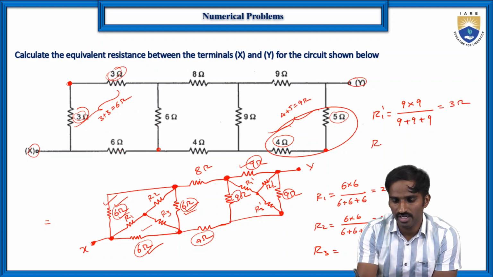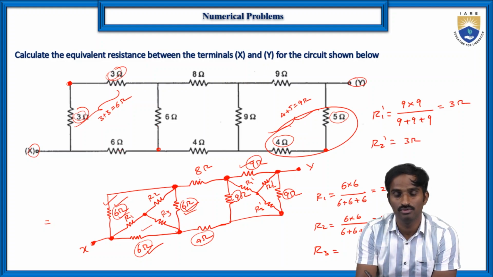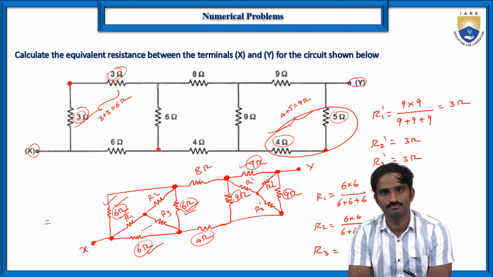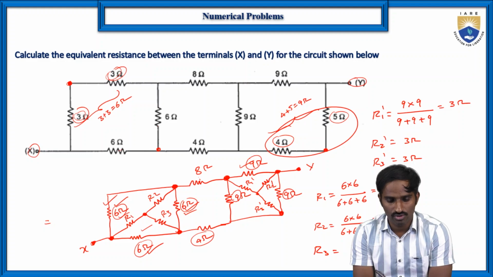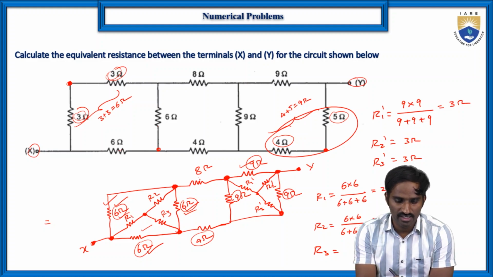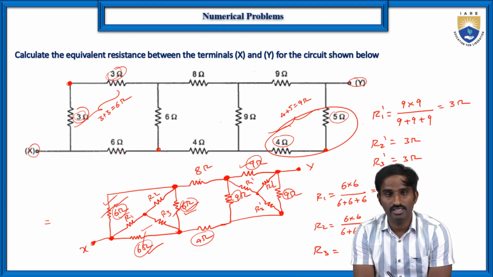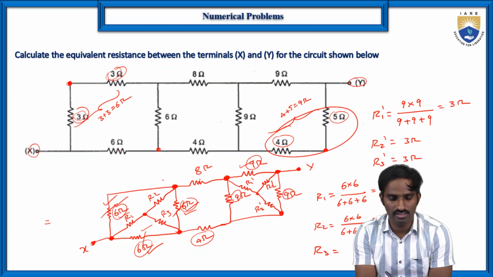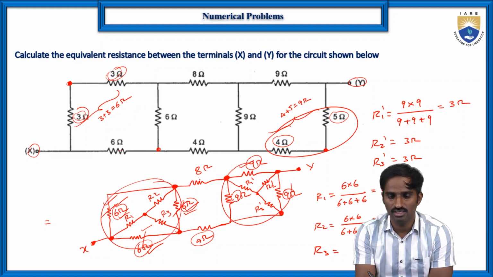Similarly, R2 dash is also 3 ohms, because all the resistors have the same value, and similarly R3 dash is also 3 ohms. Now just replace this delta connection with the star connection, and the values of the star connected resistances are R1, R2, R3 in this case, and R1 dash, R2 dash and R3 dash in this case, right?